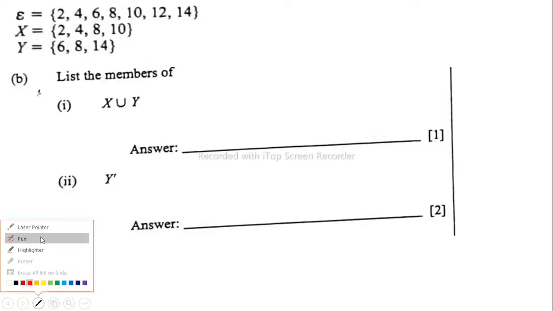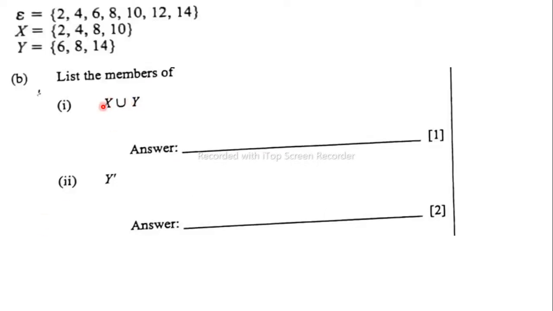All right, so how do we read this? X union Y. Say it again. X union Y. Yes, X union Y is what we have here. And so when we say union, what do we mean?